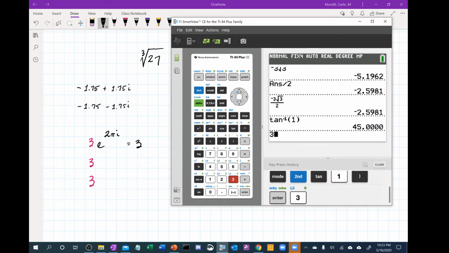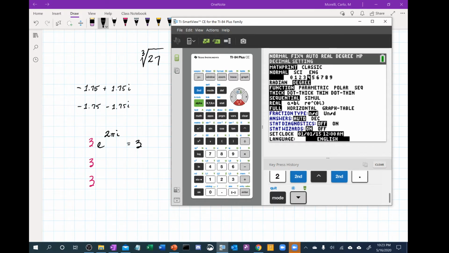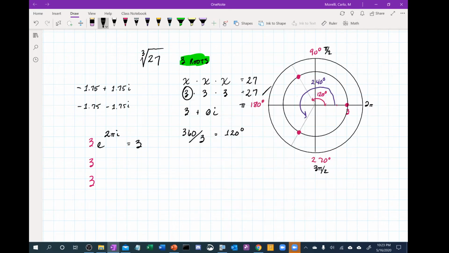If I hit 3 and then I put in the transcendental number e, and then I raise that to 2 pi, and then I put in i, I got to make sure I'm in radian mode. I wasn't. Okay. And you hit enter, it's just going to be 3. So 3e raised to the power of 2 pi i is just 3.